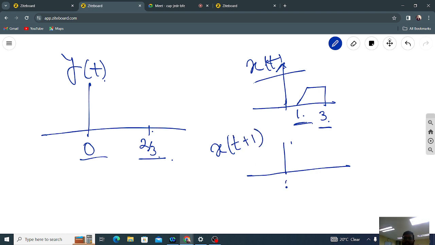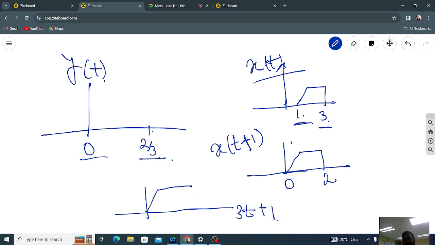If we do it, it will be from 0 to 2. And then if we perform the scaling, 3t plus 1, it will be from 0 to 2 by 3.